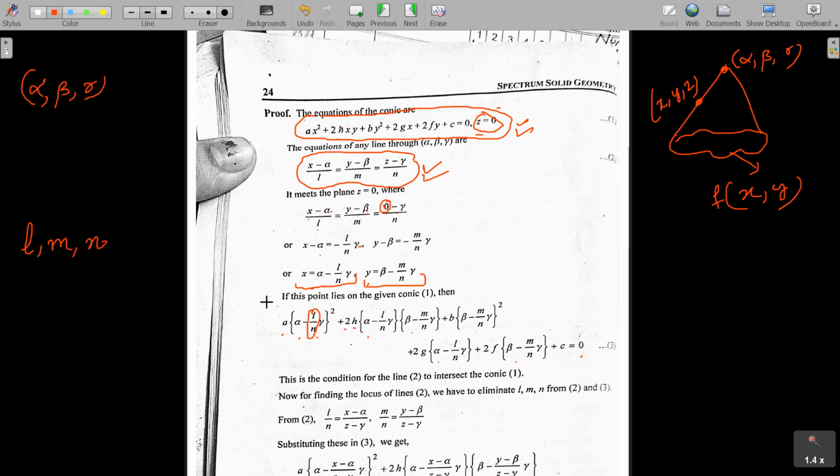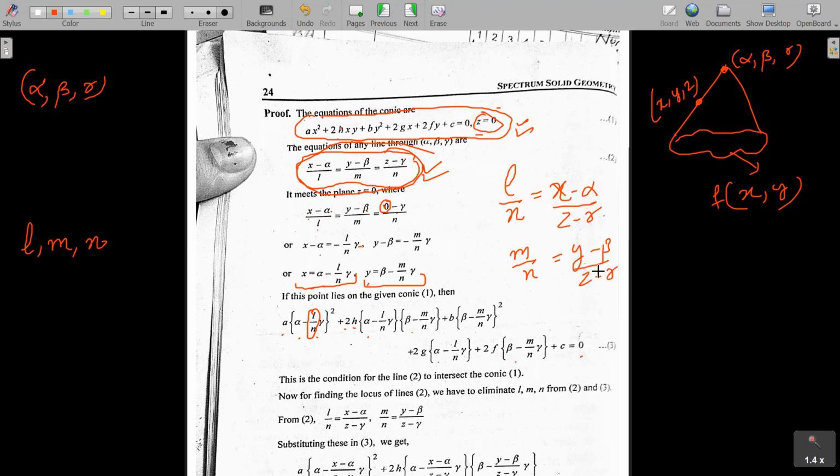So what I'll do, we will try to eliminate these L by N, M by N from this main equation. So if you see from the main equation, what is the value of L by N? So L by N is x minus alpha over z minus gamma. Similarly, M by N is y minus beta over z minus gamma.